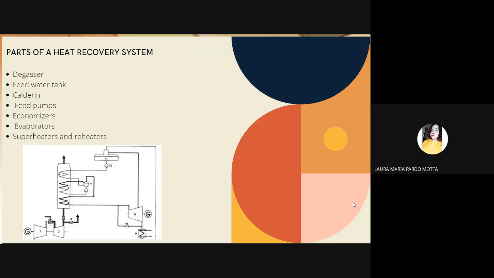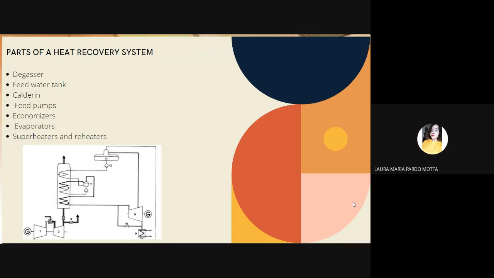And the boiler drum is the place where the water evaporation and the steam superheating are fed. Feed pumps are responsible for sending the water from the feed water tank to its corresponding boiler.